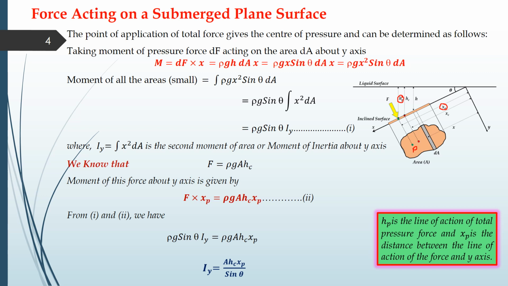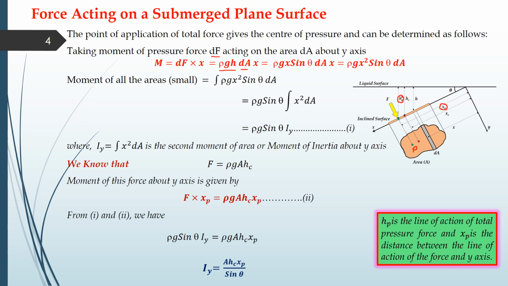So we will take the moment again, using the basic principle. We will take the moment of the pressure force dF acting on the area. So M = dF times x, moment about the y-axis we will take. dF will be converted into pressure into area, because force is equal to pressure into area, and pressure p is equal to rho g h, multiplied by area.